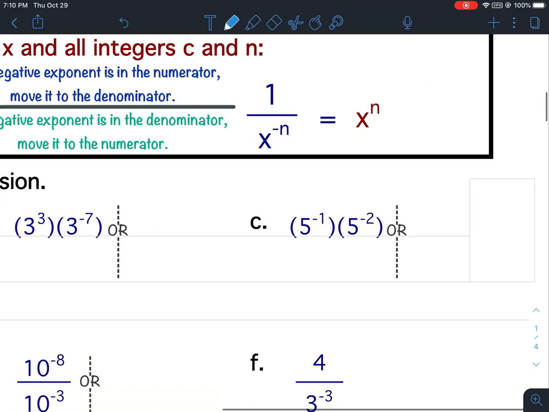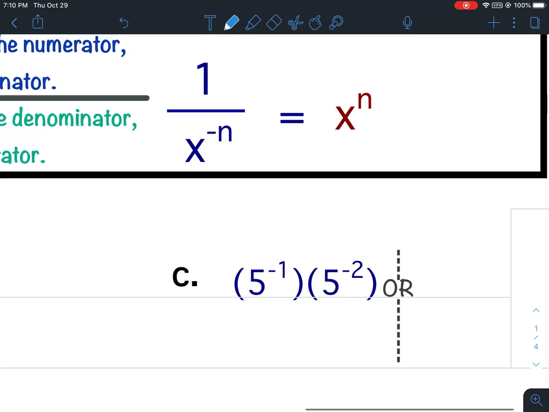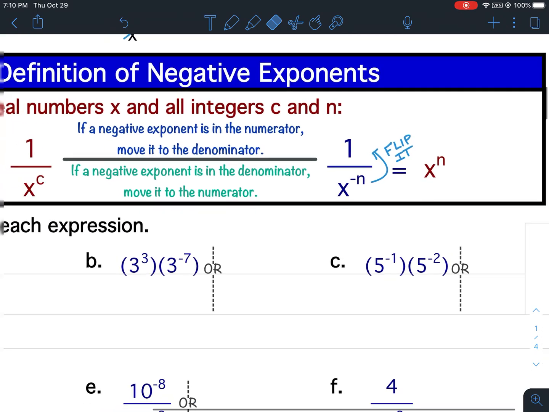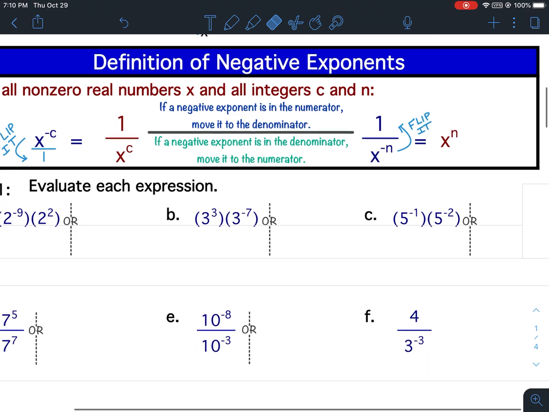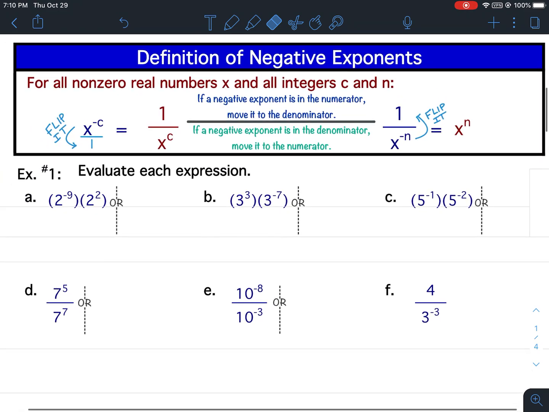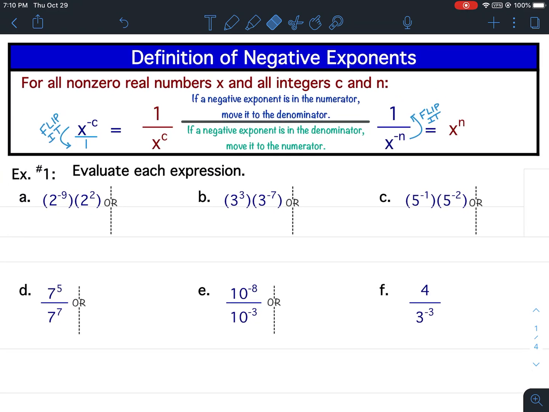For the 1 over x to the negative n, again, we flip it, which is taking the reciprocal. And technically this would be over 1, but we don't need 1 in the denominator, so it becomes x to the nth. So again, if you have a negative exponent, take the reciprocal to make it positive.